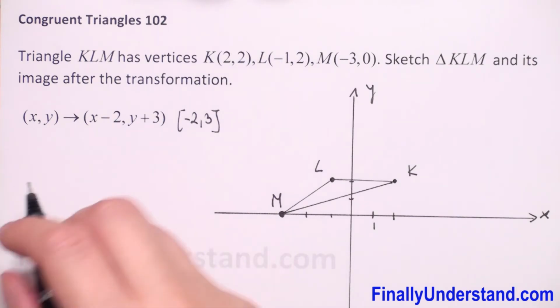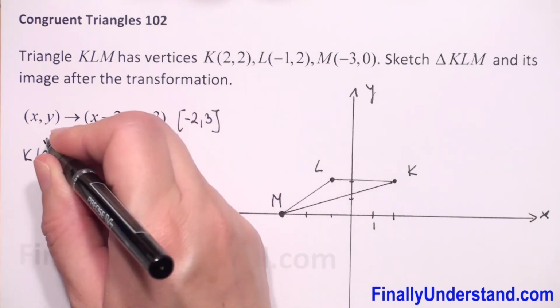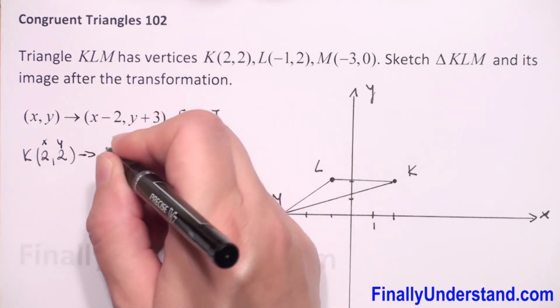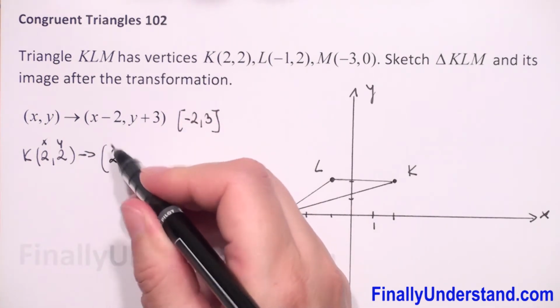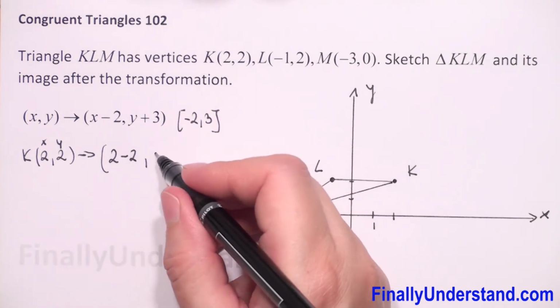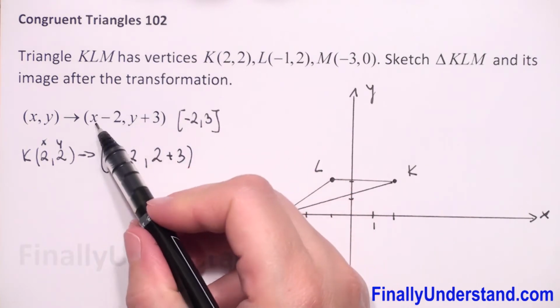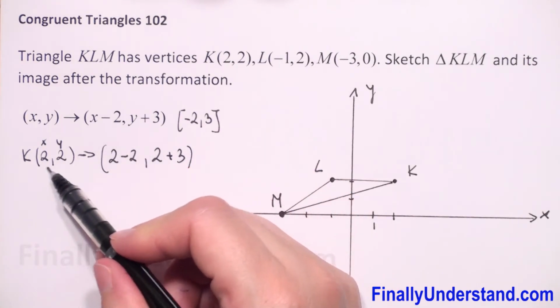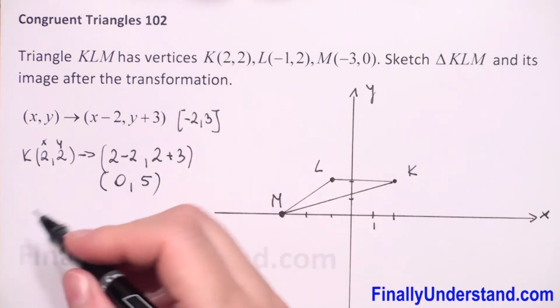So first point K is 2, 2, x is 2, y is 2. So we have to subtract 2 from 2, and to 2 we have to add 3. I just substitute x by 2 and y by 2 because this was given. So we have 0, 5.